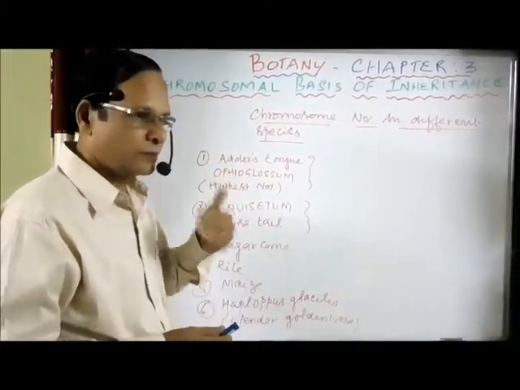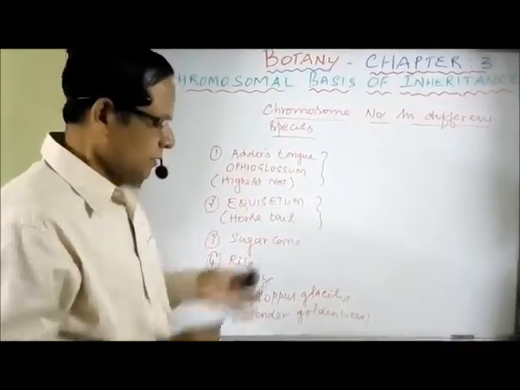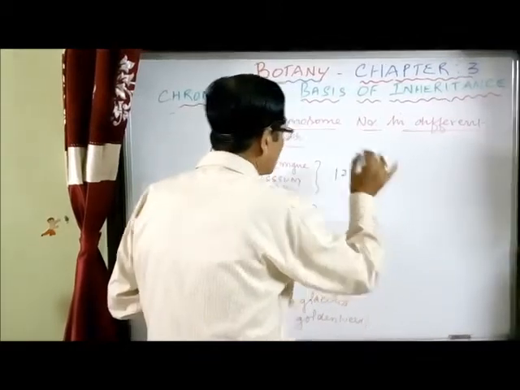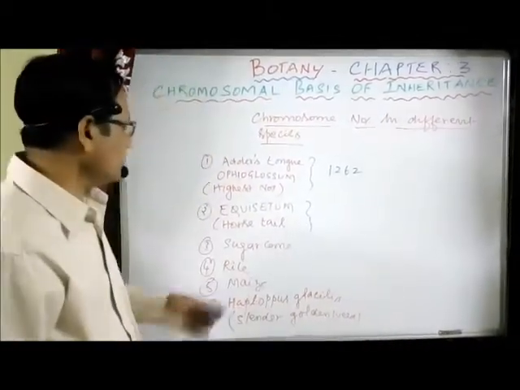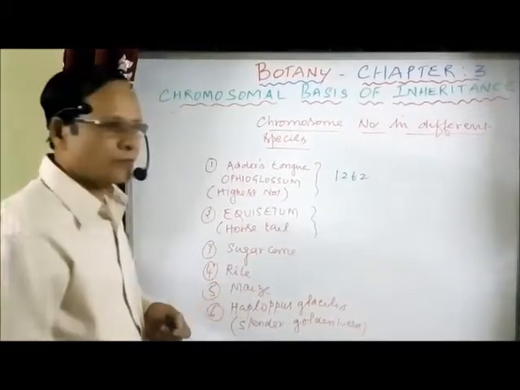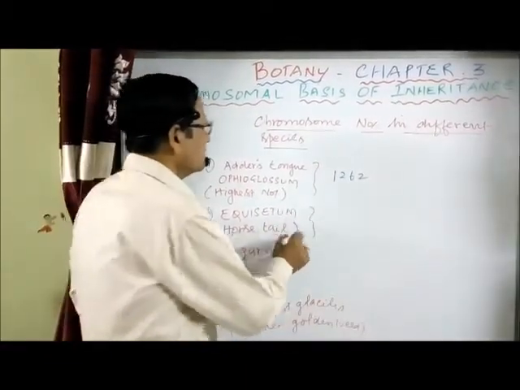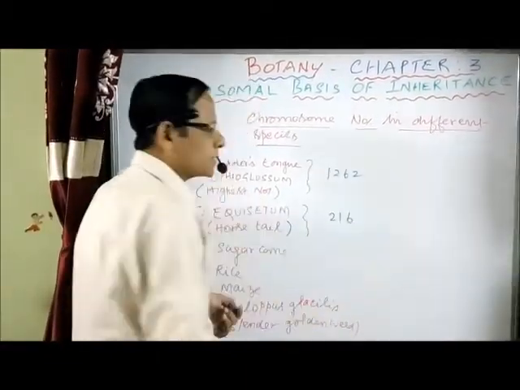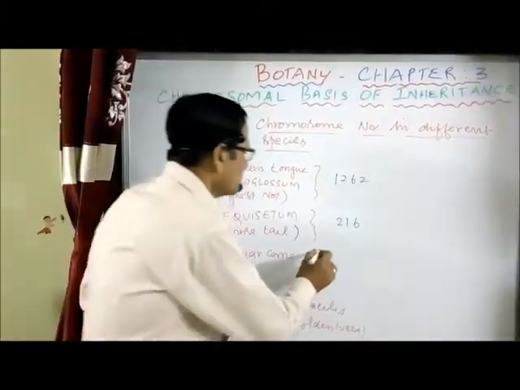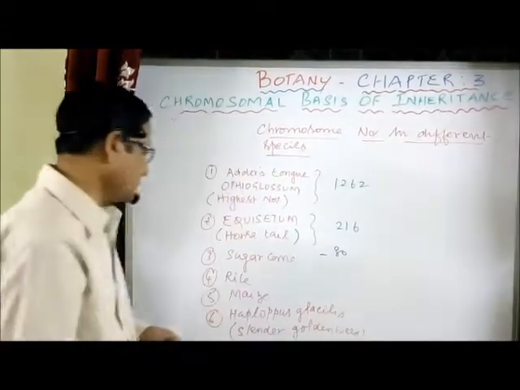Now it has the highest number of chromosomes, 1262. Then we have Equisetum, the horsetail, a fern. It contains about 216 chromosomes. Sugarcane takes about 80 chromosomes.